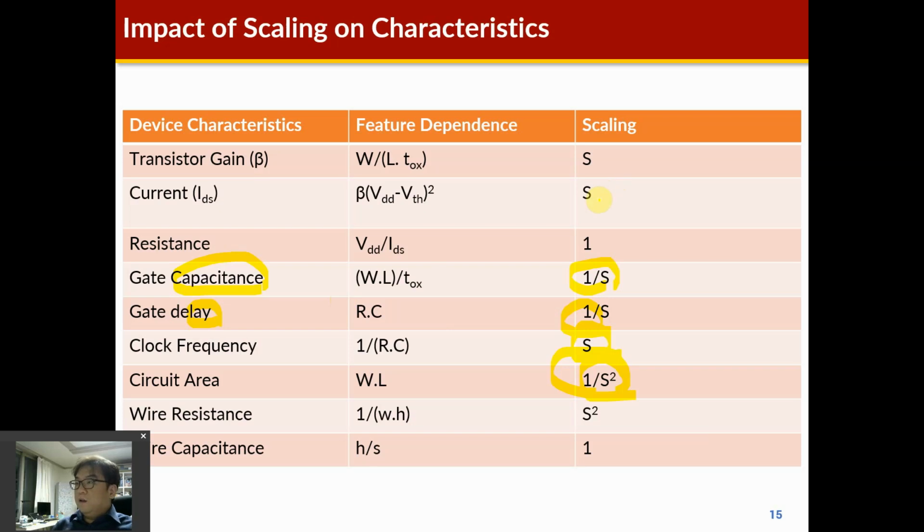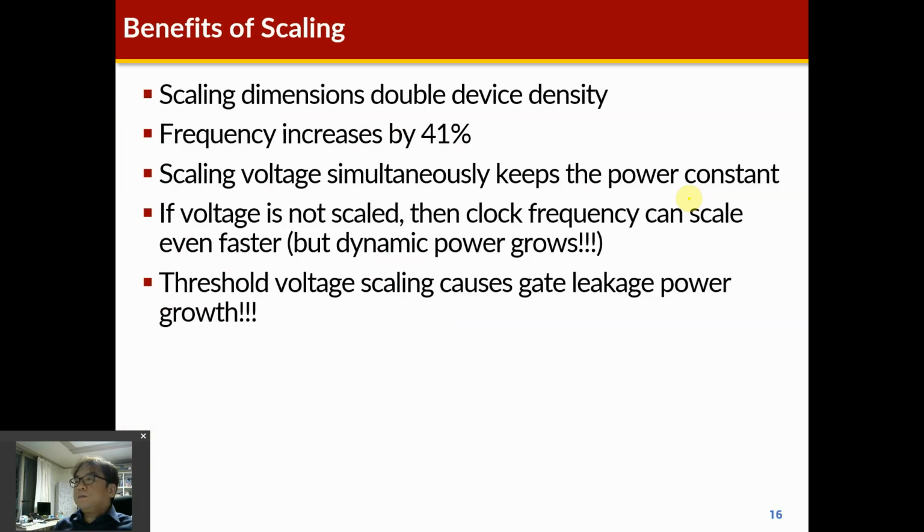There are many advantages, but the disadvantage is the leakage current of the CMOS circuit. This is the benefit of scaling: scaling dimension doubles device density, so we can make the most transistors and devices. Also, frequency is increased by 41%. That's the good thing.